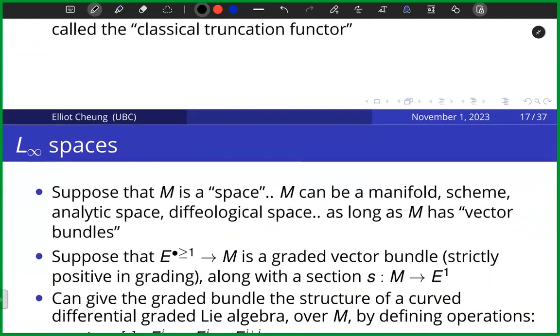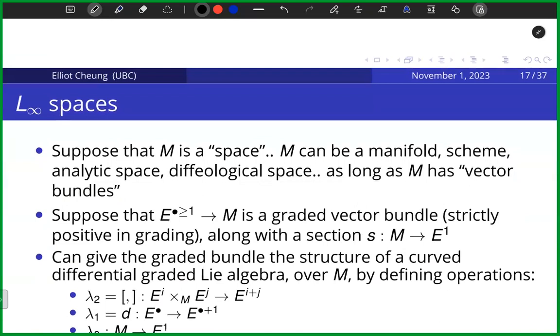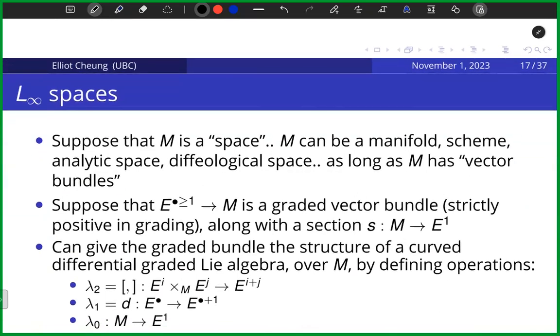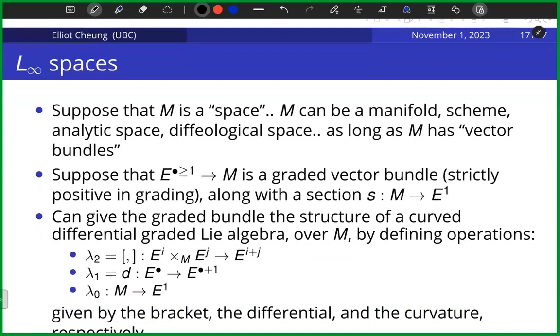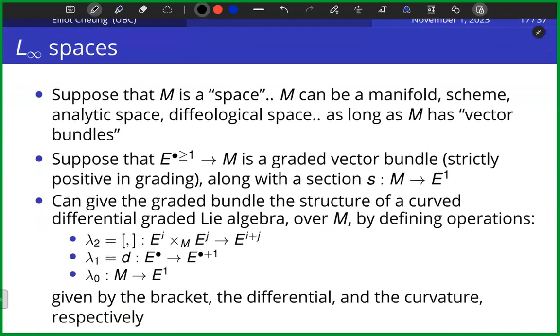So here's how this works. Suppose that M is some sort of space, and it can be a manifold or an analytic space or an algebraic variety or scheme, as long as we have some kind of vector bundles on it. Pick whatever you want.